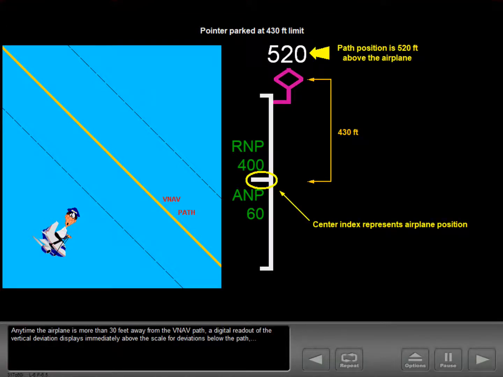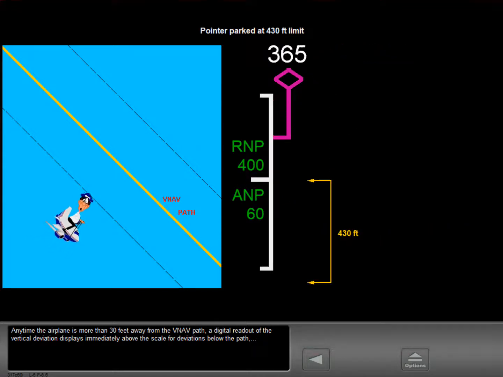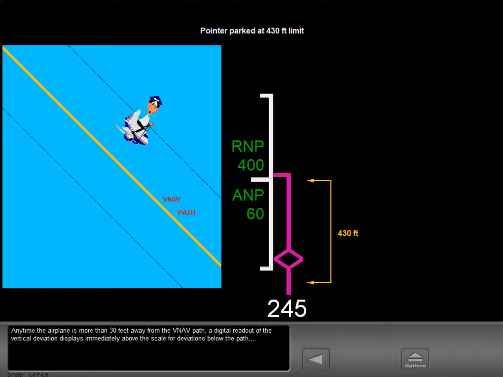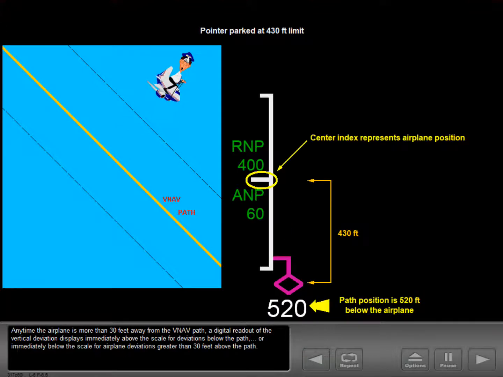Anytime the airplane is more than 30 feet away from the VNAV path, a digital readout of the vertical deviation displays immediately above the scale for deviations below the path, or immediately below the scale for airplane deviations greater than 30 feet above the path.